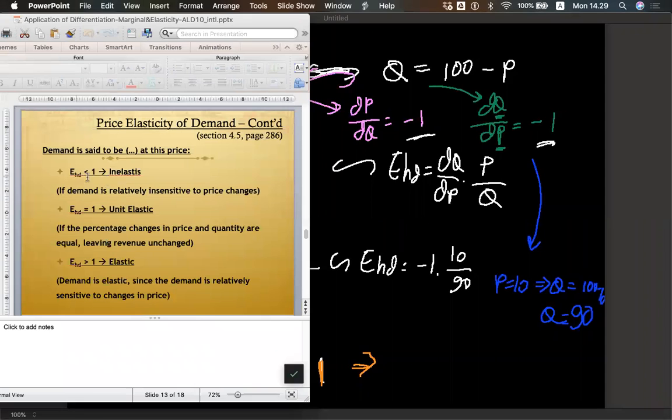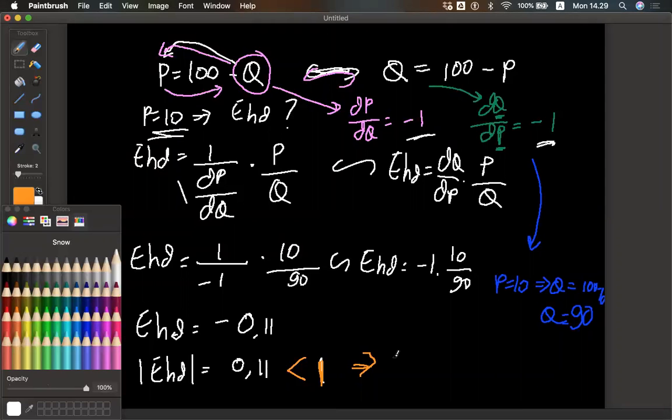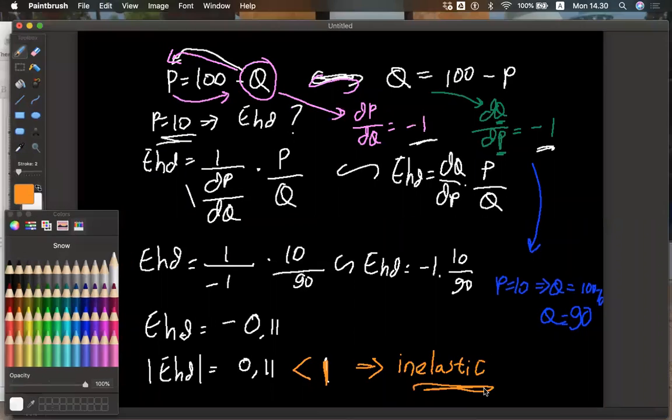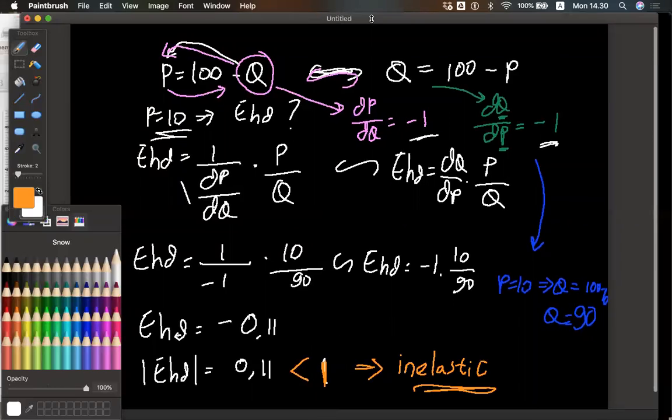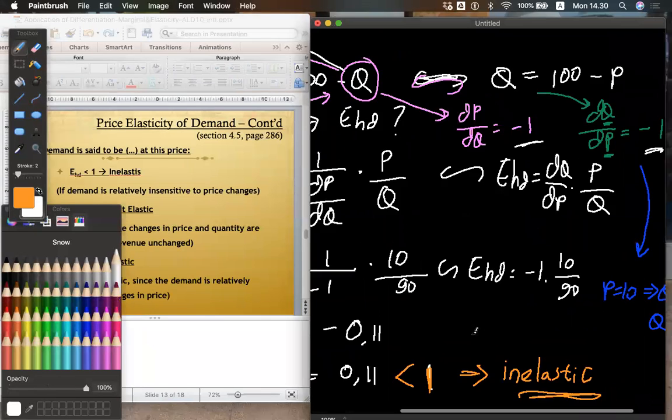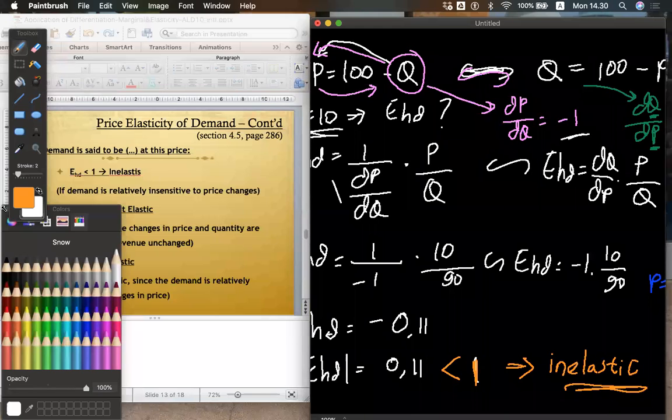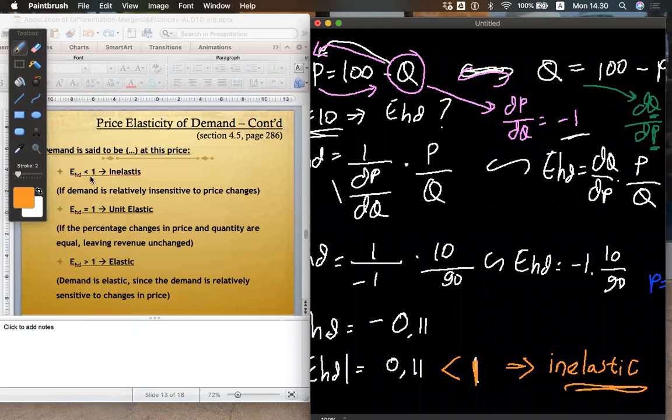That means inelastic. Look at the first rule: Ed less than 1 means inelastic. So the demand is said to be inelastic at this price.